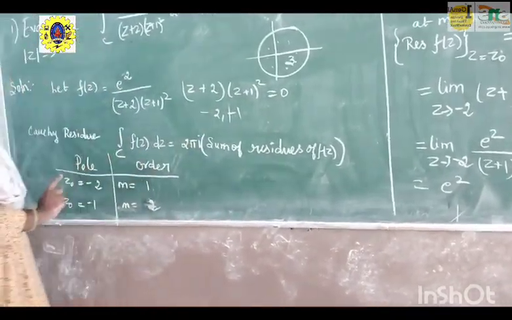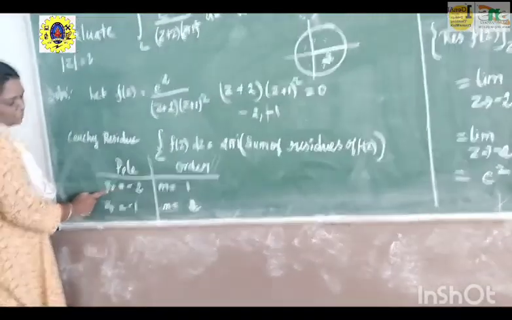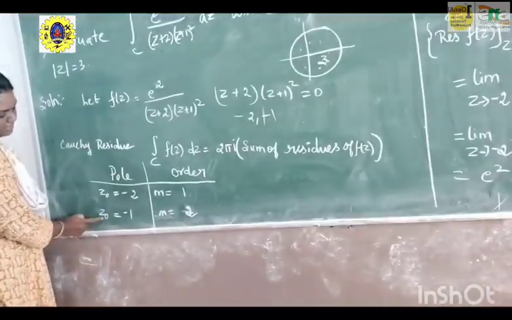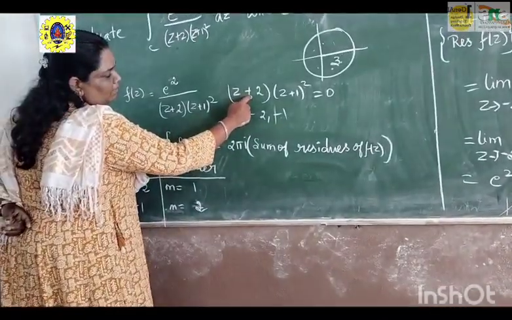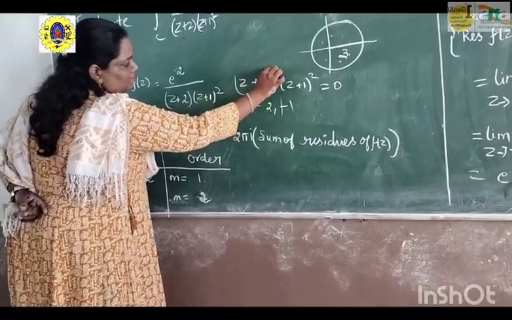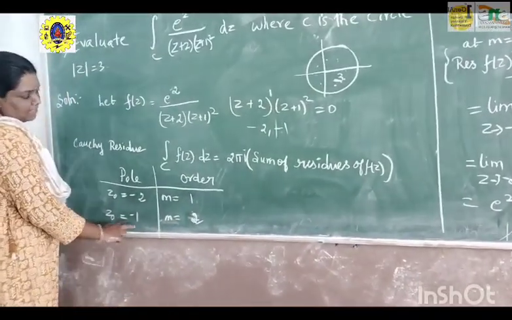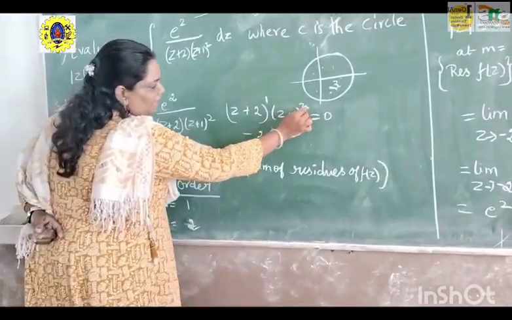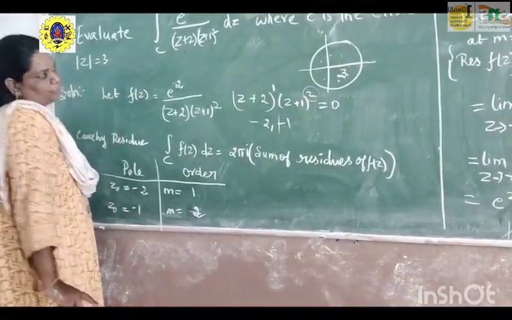We consider the pole as z0, so z0 equals minus 2 and z0 equals minus 1. For z0 equals minus 2 the order is 1, so m equals 1. For z0 equals minus 1 we get the order as 2, so m equals 2.